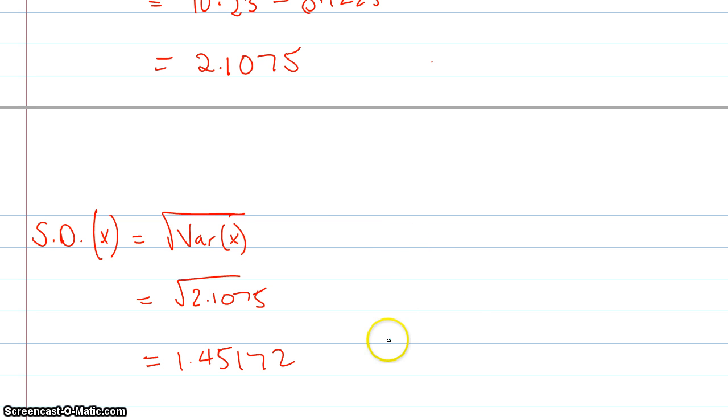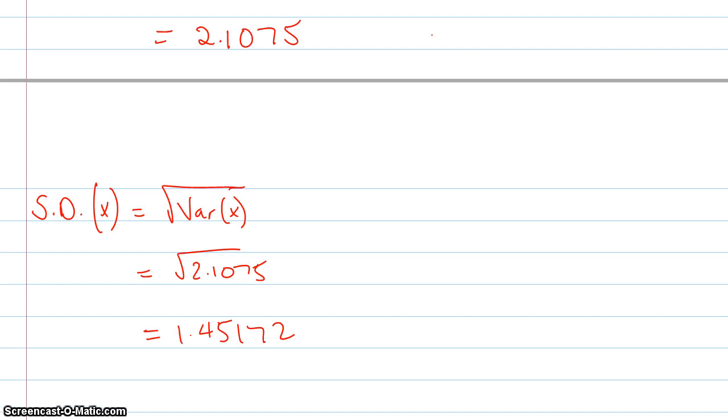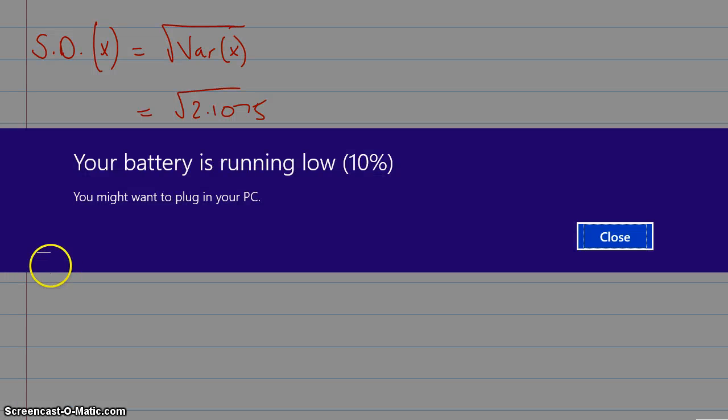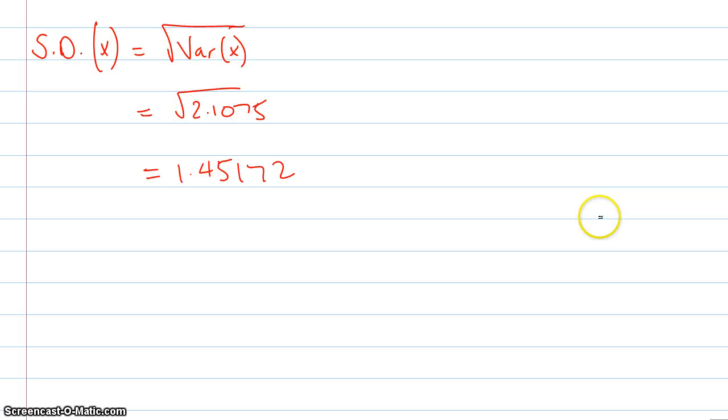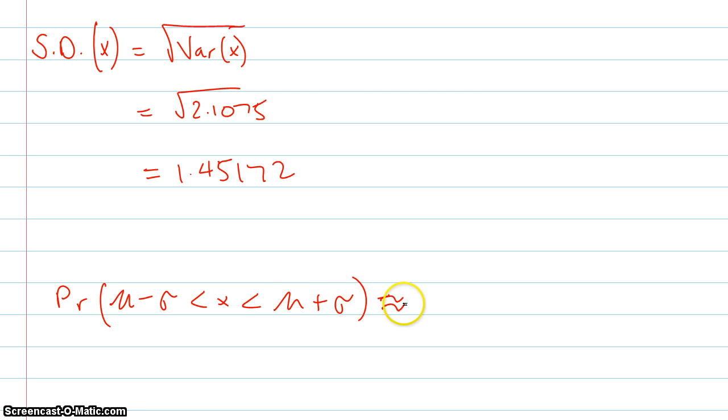One thing you should know is all of the confidence intervals that we worked on before still apply in this case. The probability of one standard deviation either side of the mean, so the mean minus a standard deviation and the mean plus a standard deviation, is still approximately 0.68 or 68%.